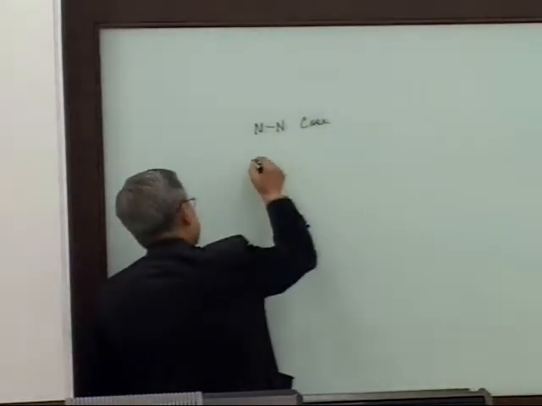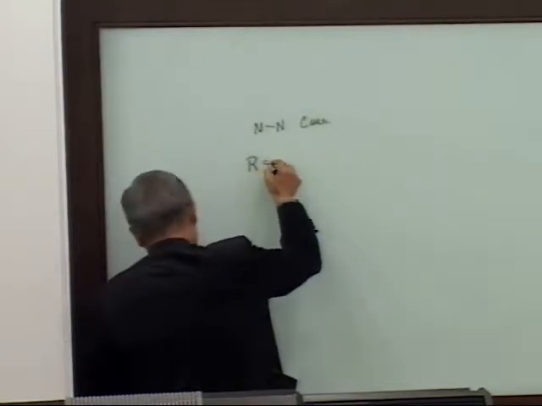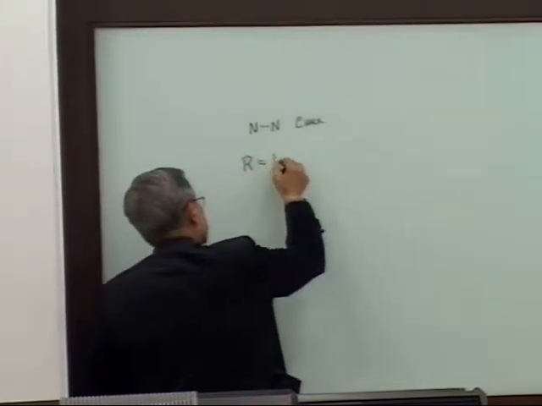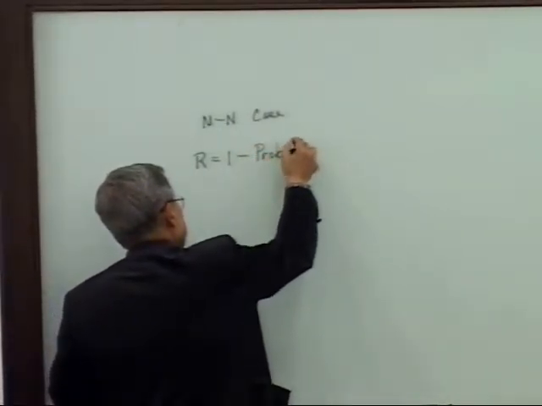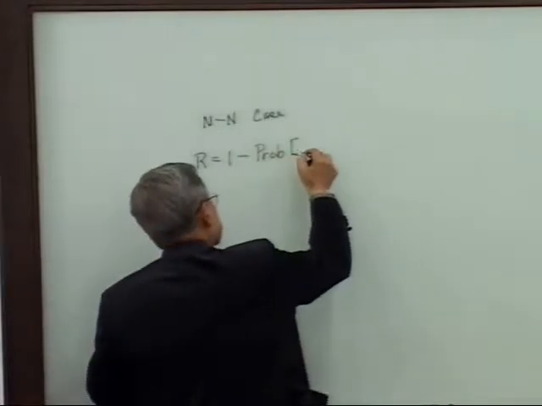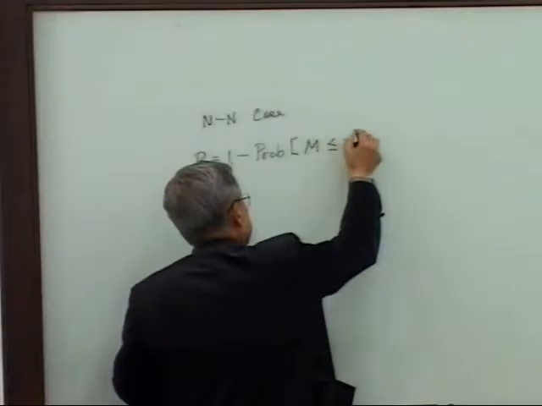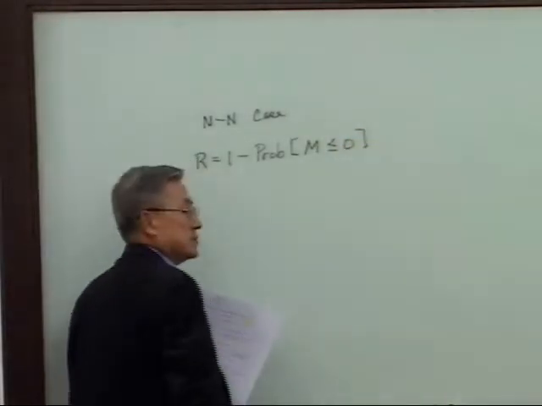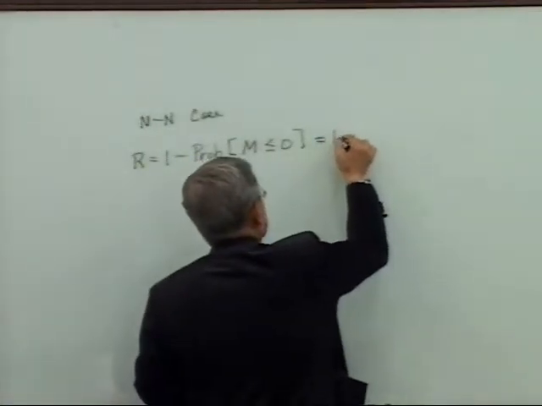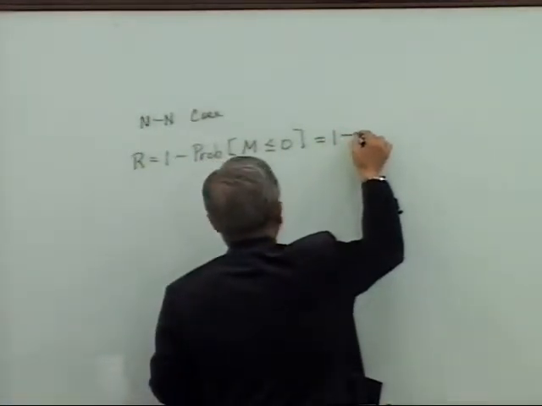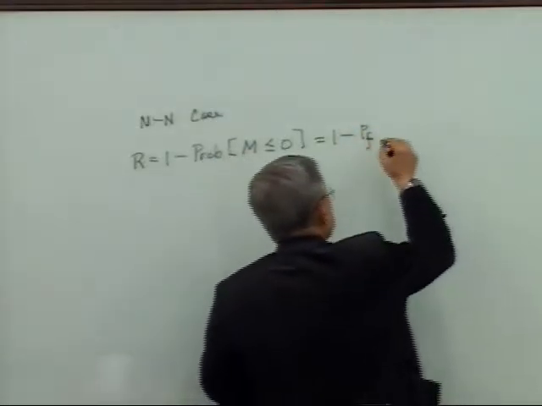And the reliability is just a continuation: it is 1 minus the probability such that the safety margin is less than or equal to 0. Or you can write it as 1 minus the probability of failure.